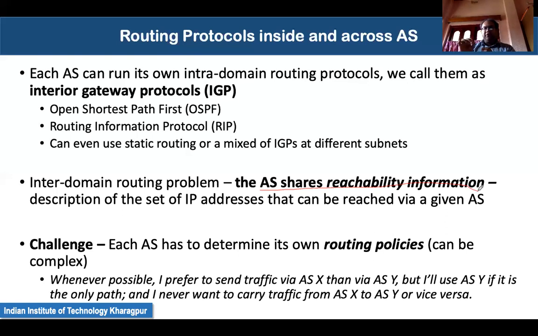The Kharagpur post office will see that it needs to be passed to Delhi. It will not look into whether it is in IIT Delhi or which hall in IIT Delhi. It will just see that it needs to be passed to Delhi, and to do that, it needs to send it to the Kolkata GPO. So the Kolkata GPO is my next hop autonomous system in networking terms. You forward it to the Kolkata GPO, which will see that it needs to forward it to Delhi, so it forwards it to Delhi.